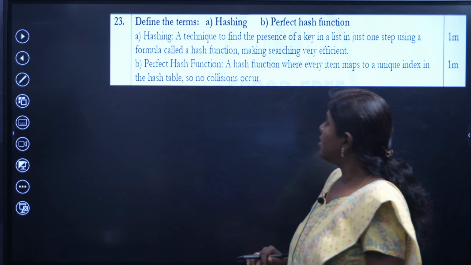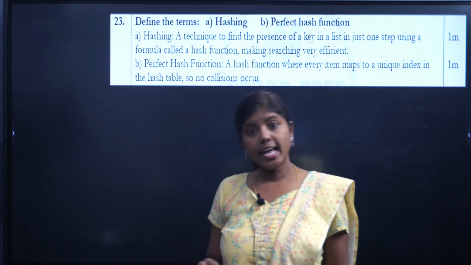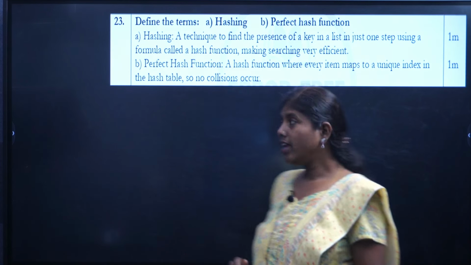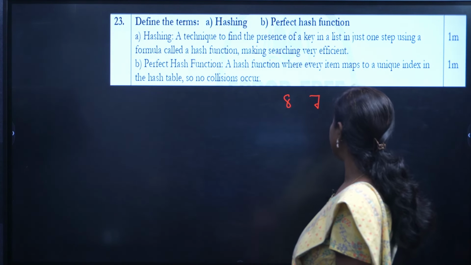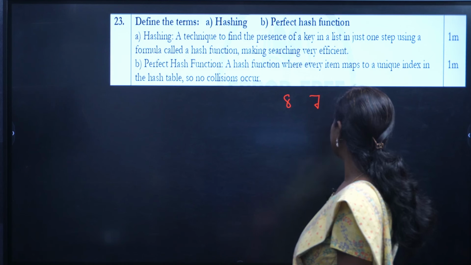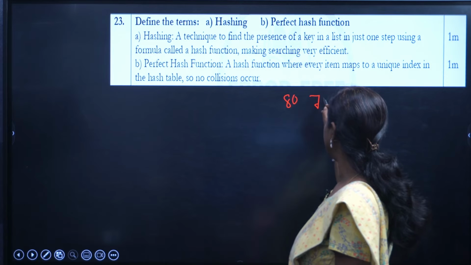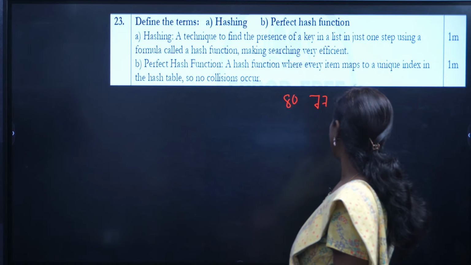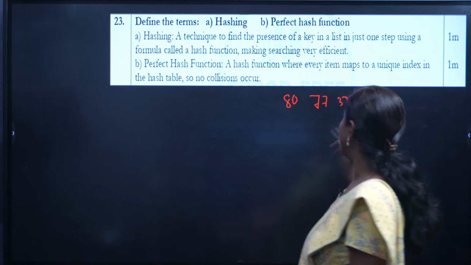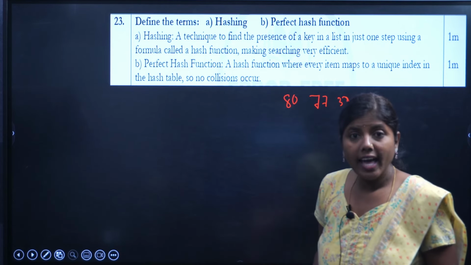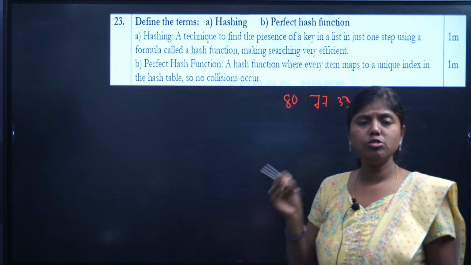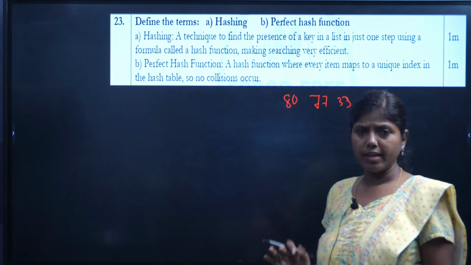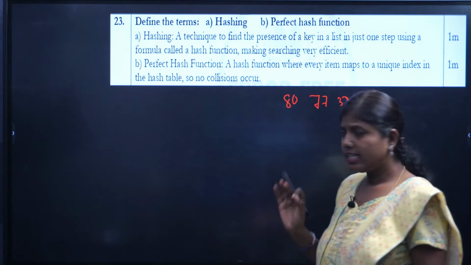Okay, define the terms. We have 2 terms here: hashing and perfect hashing. We have one concept here called hashing. Let's consider the elements 80, 77, 33 and 22. These elements have to be stored somewhere, and you need to search for an element, whether 33 is present or not.